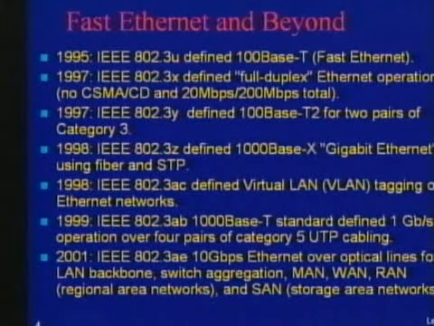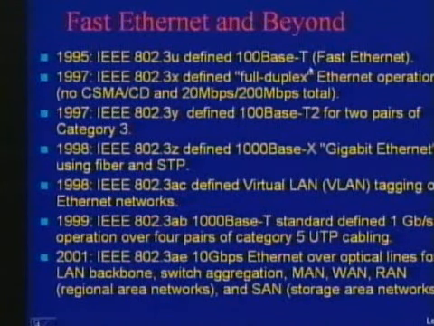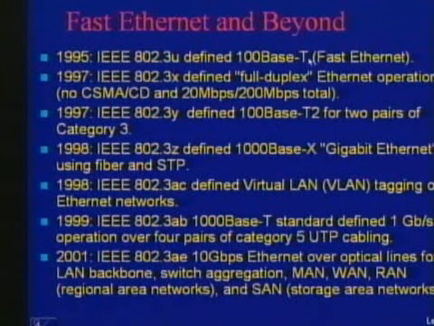Then fast Ethernet and beyond, which are the things that we want to cover in this lecture. According to the numbers, there is 802.3u, which defines 100BASE-T. That's the so-called fast Ethernet. Most of my lecture today is devoted to this, how they came from 10 megabit per second.